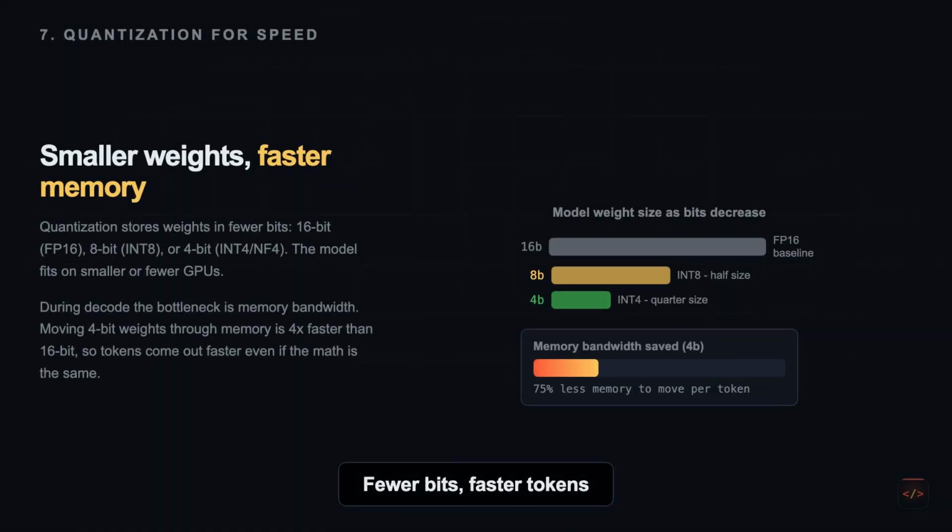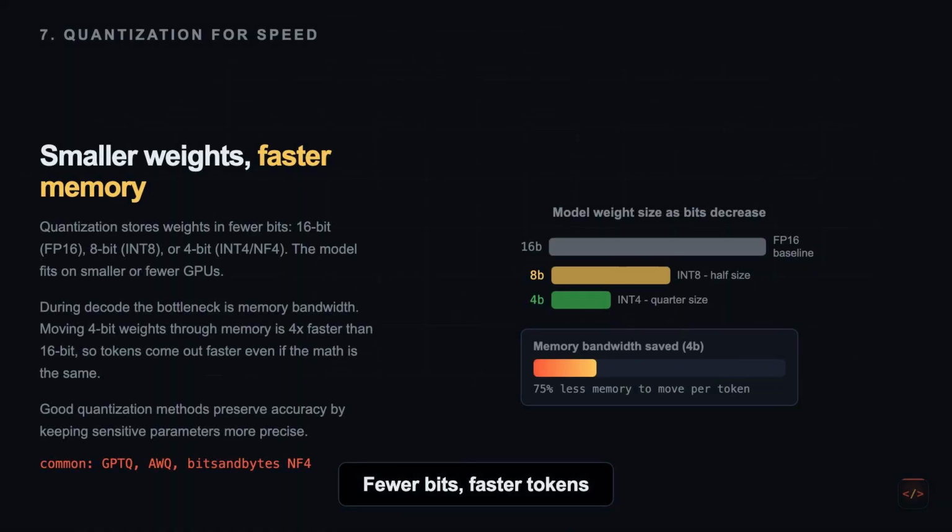Quantization helps inference twice over. Storing weights in fewer bits, say 4 or 8 instead of 16, shrinks the model so it fits on smaller or fewer GPUs. But it also speeds up decode, and here is the non-obvious reason. Since decode is bottlenecked by memory bandwidth, moving smaller weights through memory is simply faster.